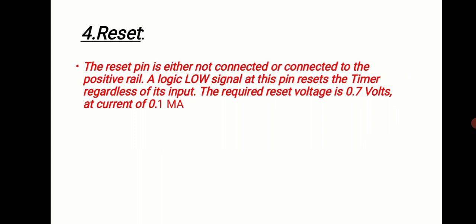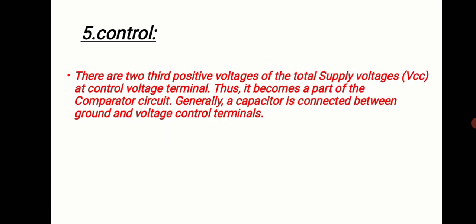The reset pin is either not connected or connected to the positive rail. A logical low signal at the reset pin resets the timer. The required reset voltage is 0.7 volts at a current of 0.1 milliamps.